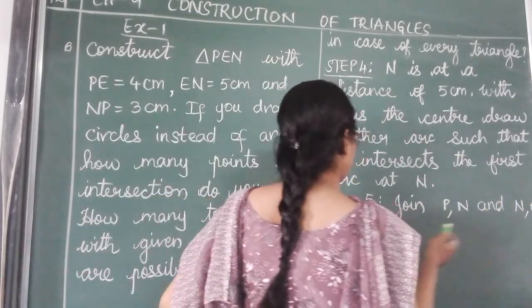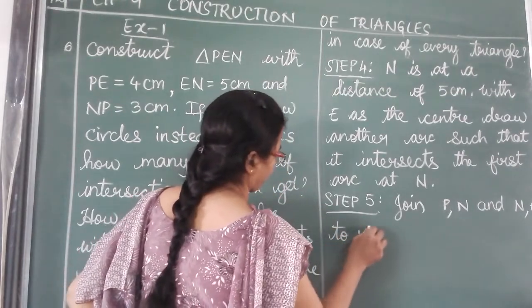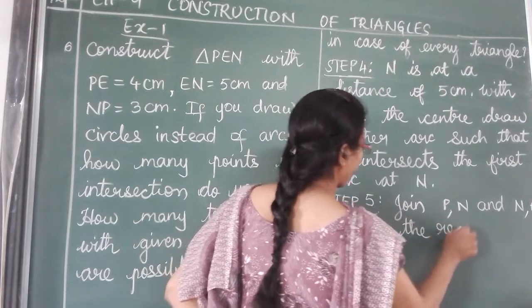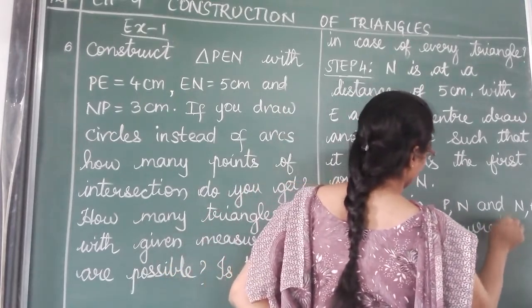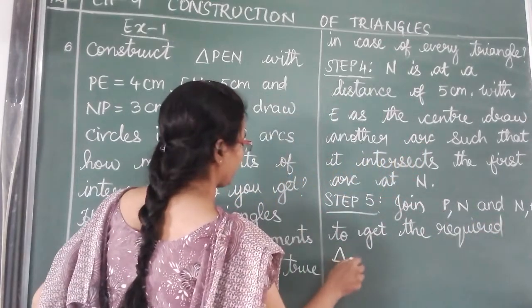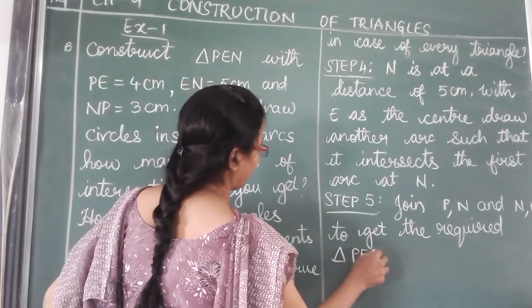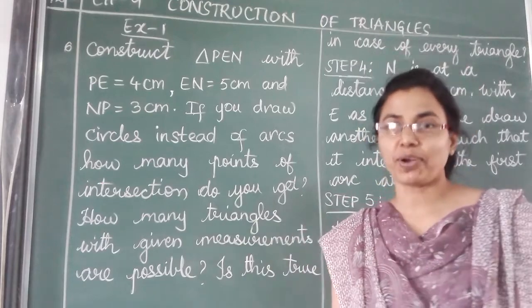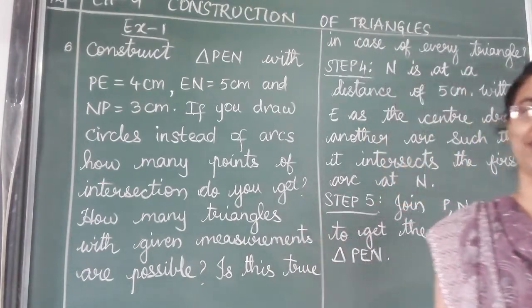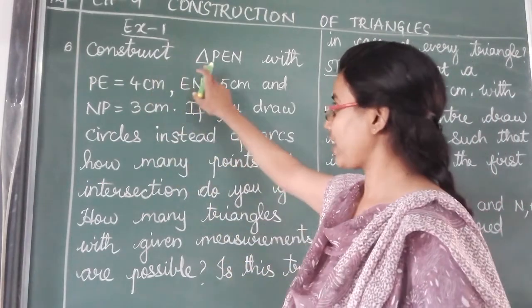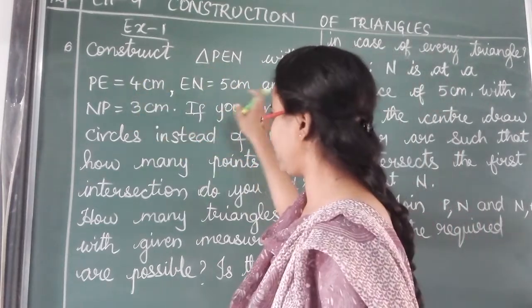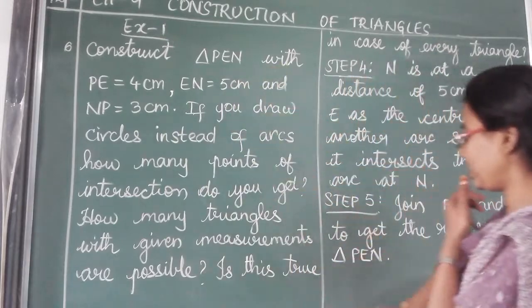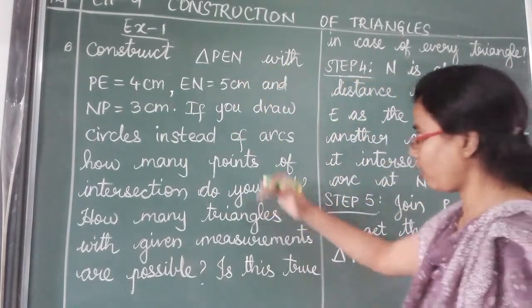Join PN and NE to get the required triangle PEN. Understood this? Okay. So the first part is done. Let's read. Construct triangle PEN with these lengths. This part is completed. Okay? PEN we have completed.